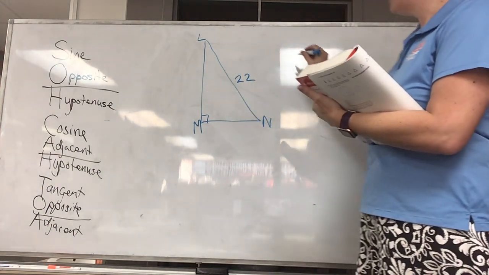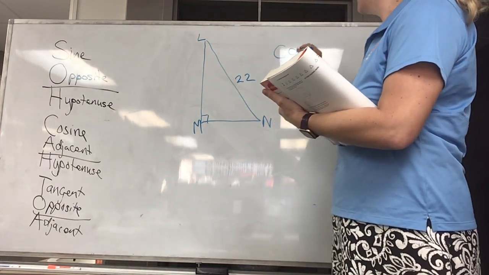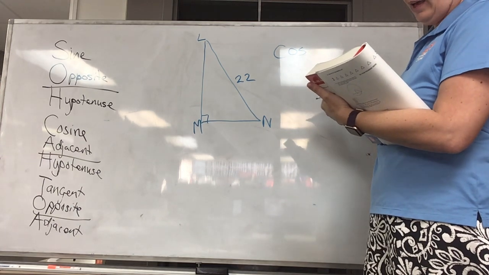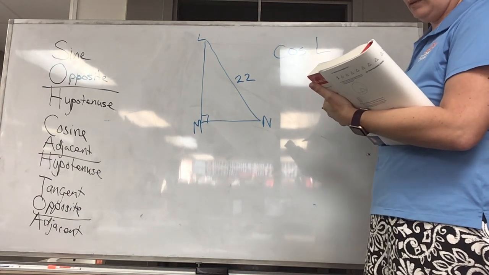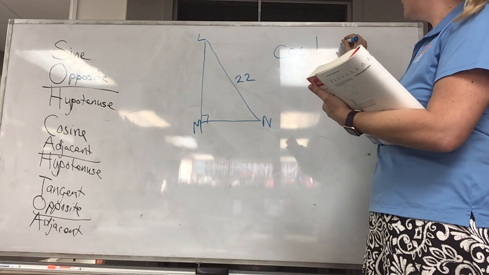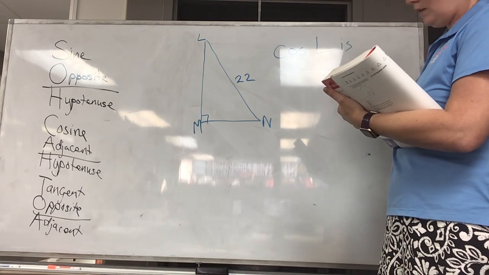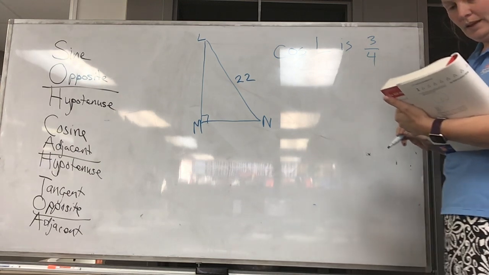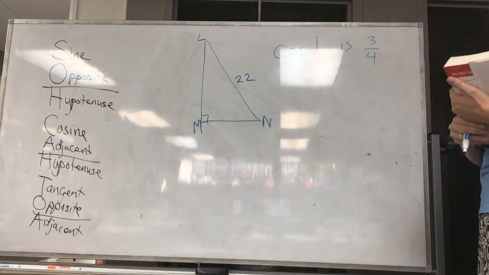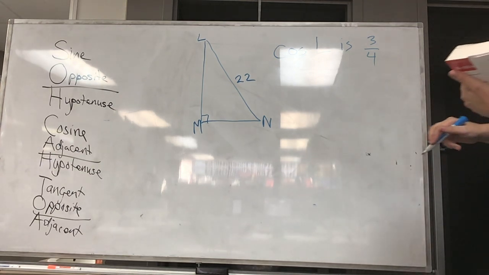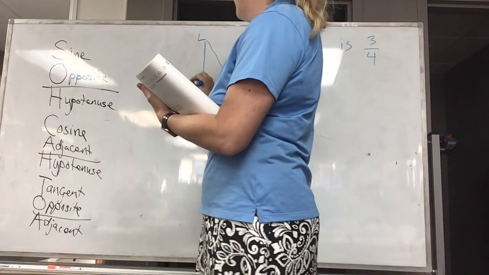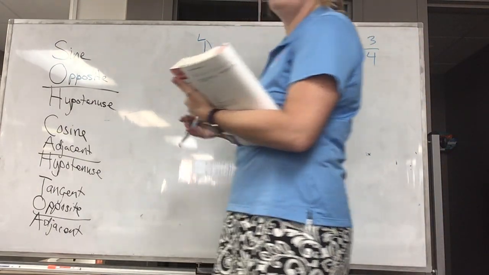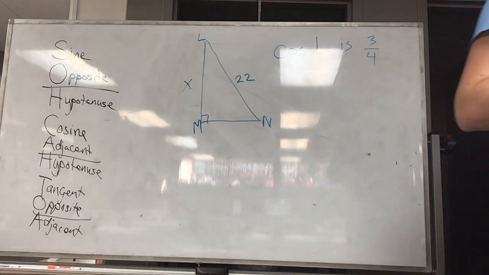And they say the cosine of angle L is 3/4. How many feet long is segment LM? So call it X, call it question mark, call it what you will.